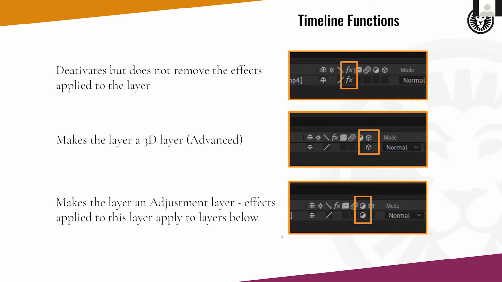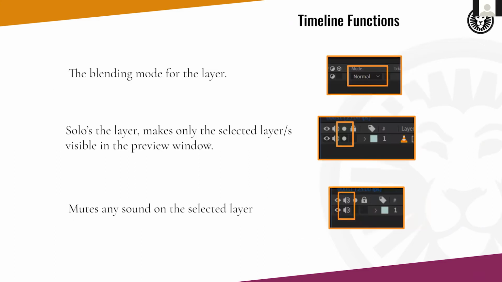If there are effects on that layer that you want to affect all of the layers below, you can make that layer an adjustment layer by selecting this function here. You'll be very familiar with this because it's exactly the same as in Photoshop and Illustrator: blending mode. You can change that to screen, add opacity, change, whatever, using that function there.